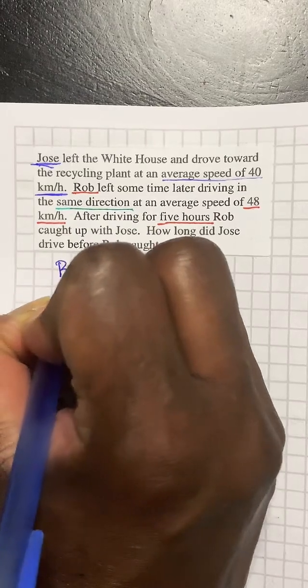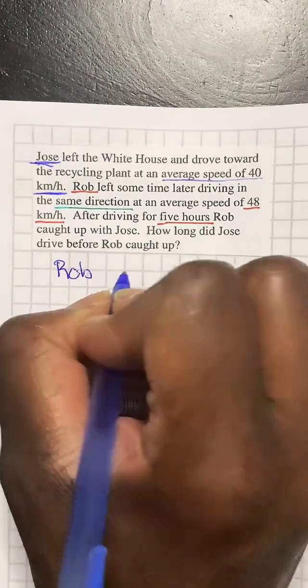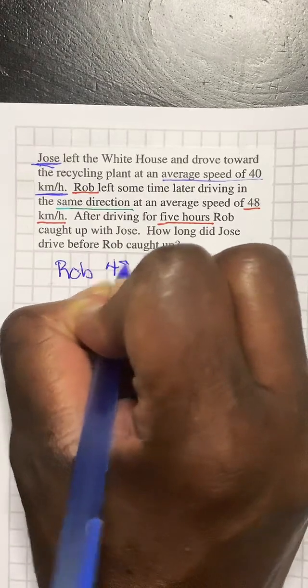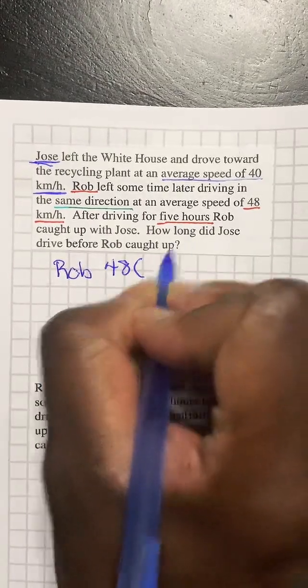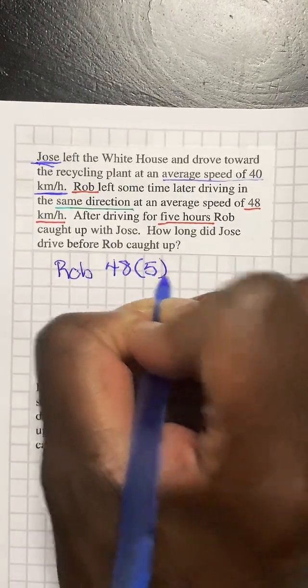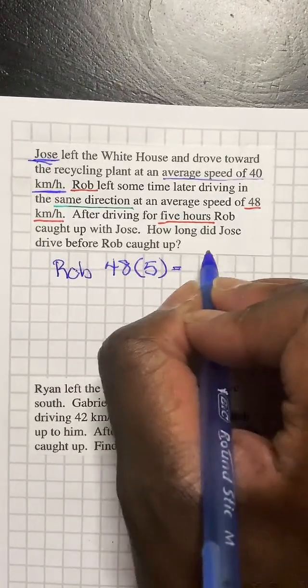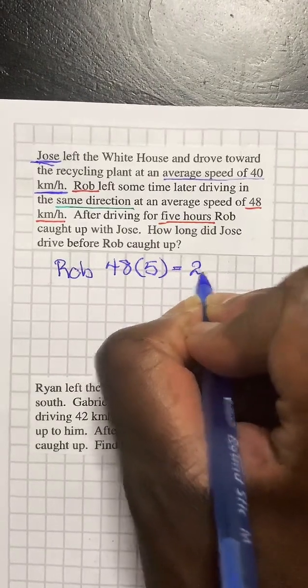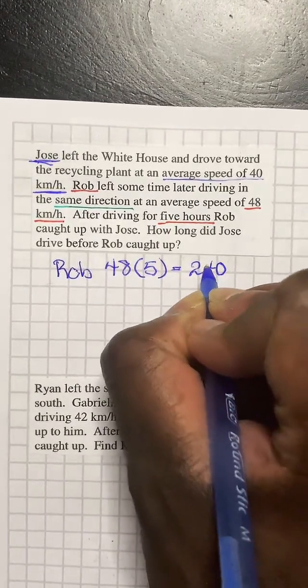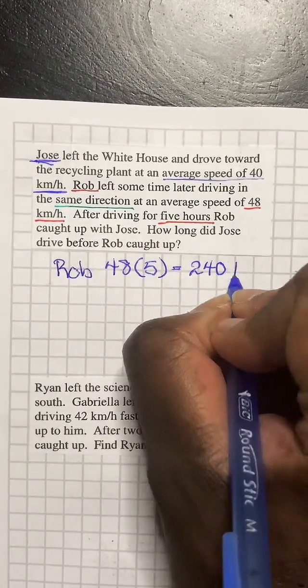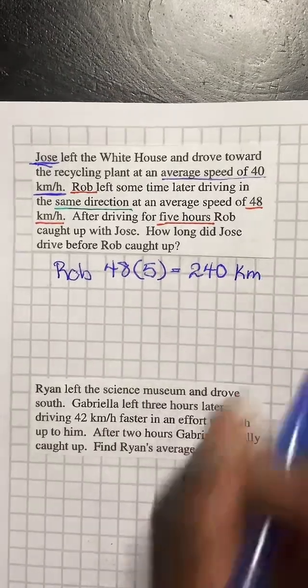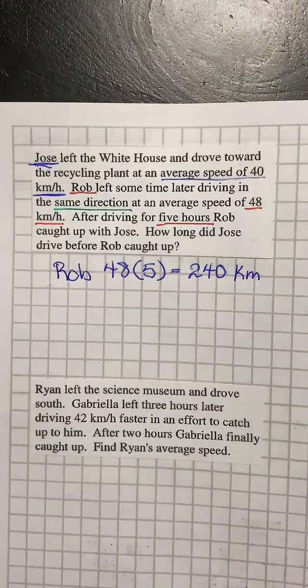I'm going to put in my boy Rob, and we have 48 kilometers per hour, but we're talking about 5 hours. So 240. So this will be my kilometers, okay? That's Rob.